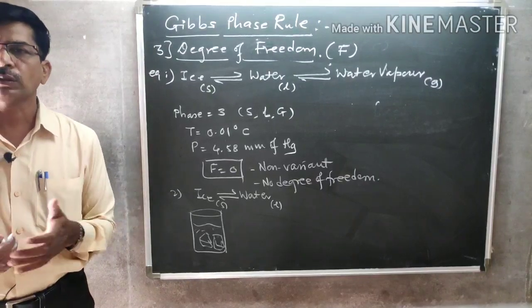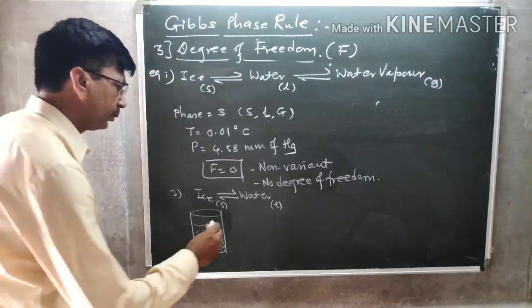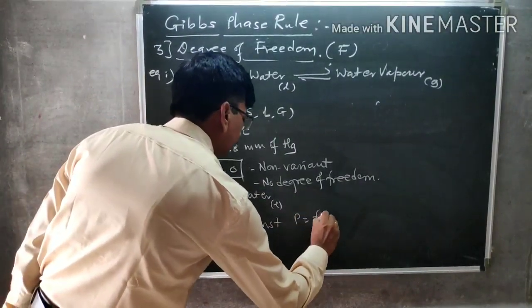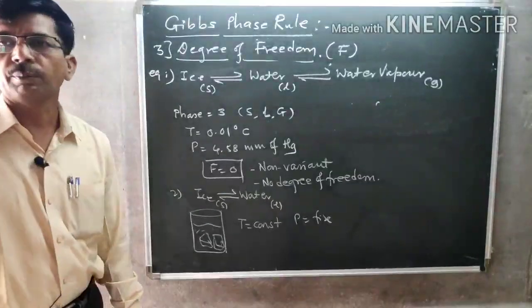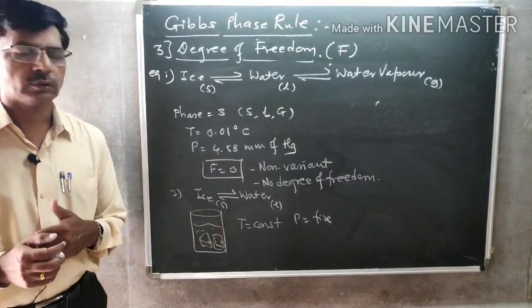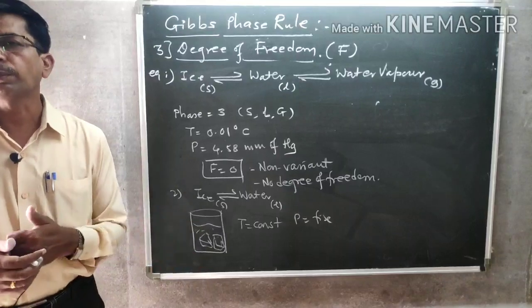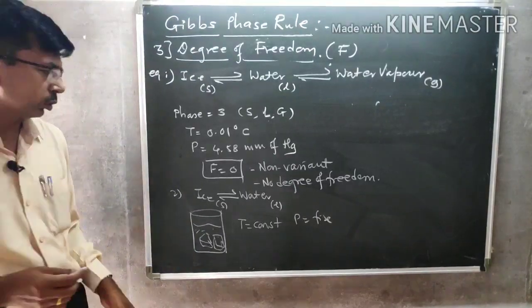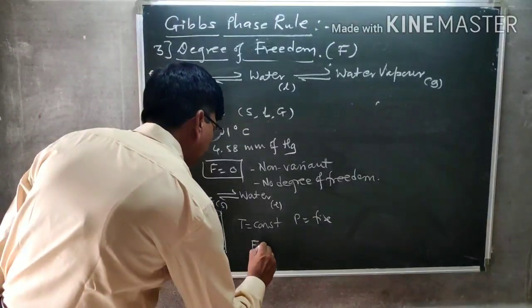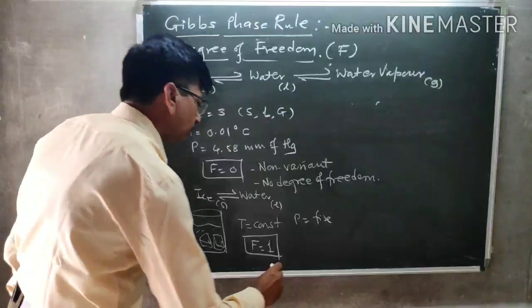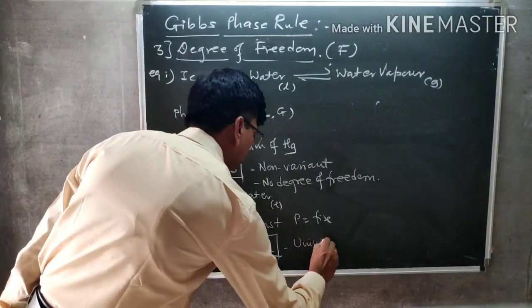Either we vary temperature or we vary pressure. So to maintain this, either we keep a constant temperature and vary pressure, or we vary temperature and keep the pressure constant. So the number of variable is 1. So F is equal to 1, and the system is called a univariant type of system.